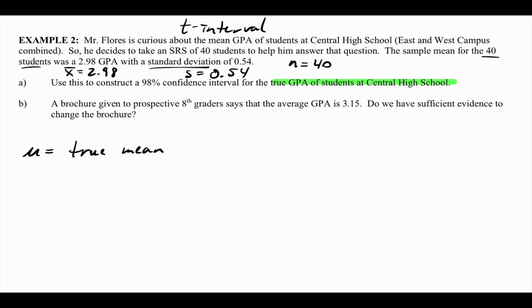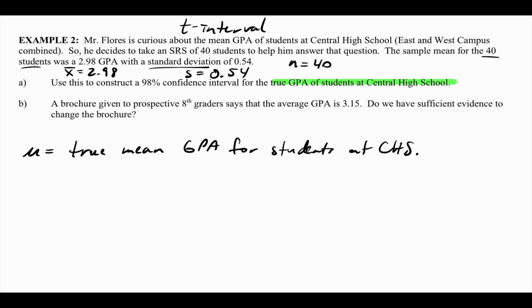You could say true mean GPA for students at Central High School. That's what I'm trying to estimate. I'm trying to estimate for everybody, not just those 40. I know for those 40 it's 2.98. But what is the true GPA for everybody, not just those 40?